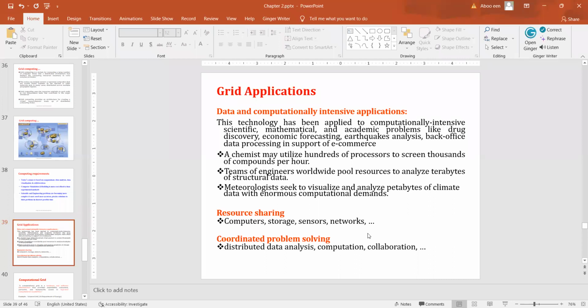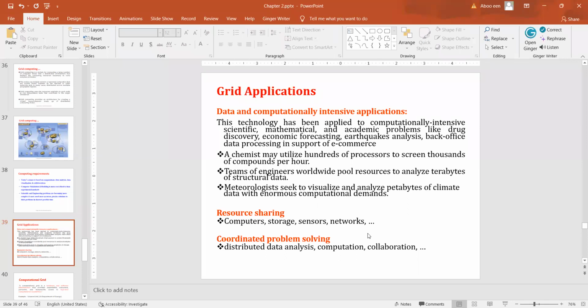Meteorologists, the people who deal with weather forecasting, seek to visualize and analyze petabytes of climate data with enormous computational demands.